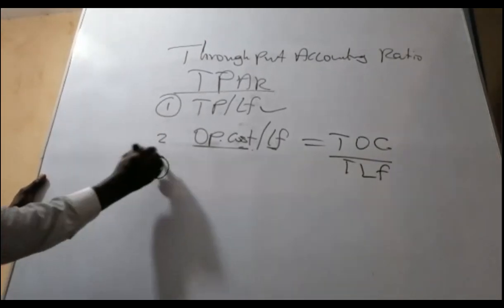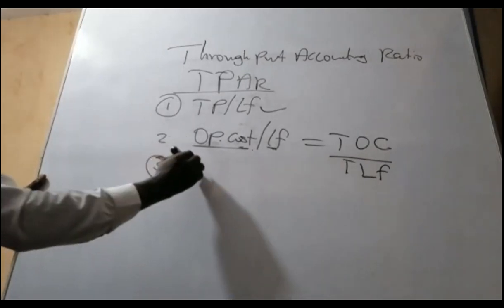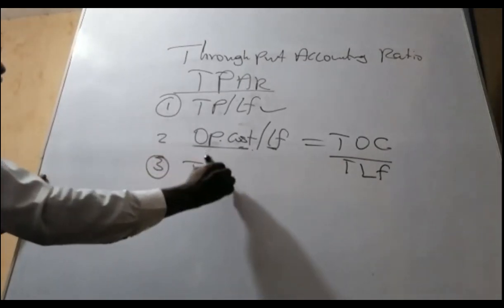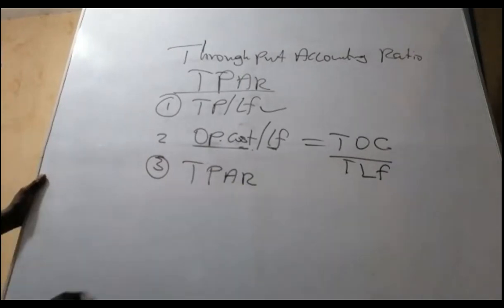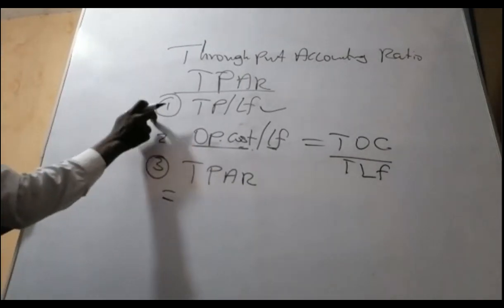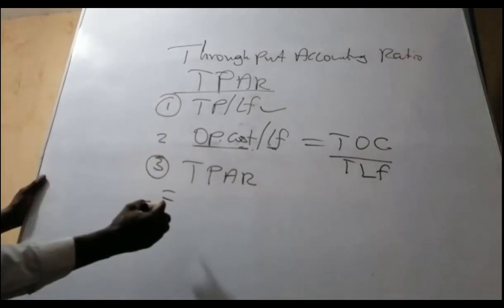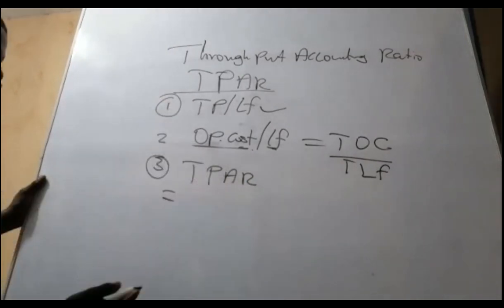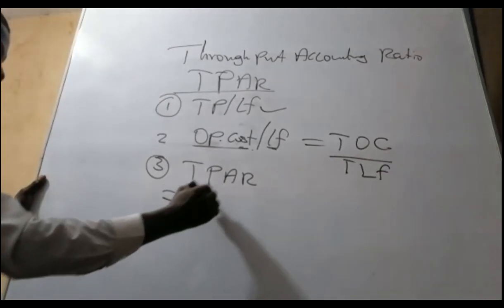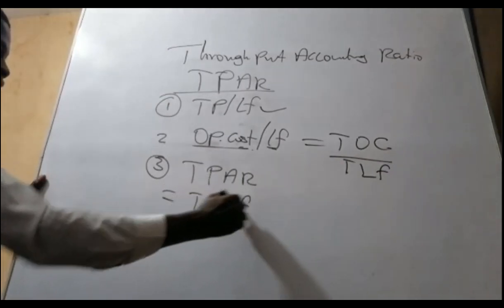Calculate the throughput accounting ratio. How do you calculate it? It's equal to the answer in step 1 divided by the answer in step 2. You are done. So in short, the throughput accounting ratio is throughput per limiting factor divided by operating cost per limiting factor.